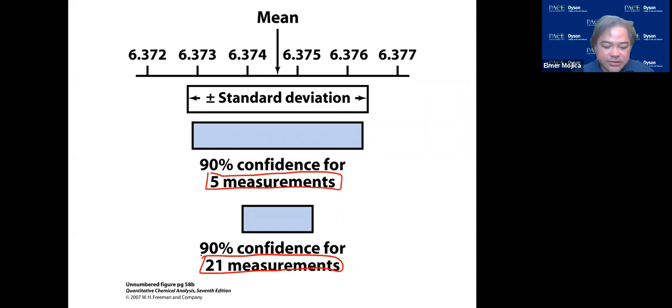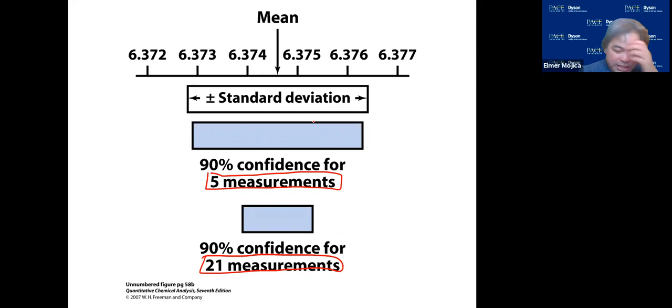As you can see here, you can make the range narrower, or in other words, you can reduce the uncertainty by making more measurements. So if we make 21 measurements and have the same mean and standard deviation, what does this mean? It's going to reduce the range.